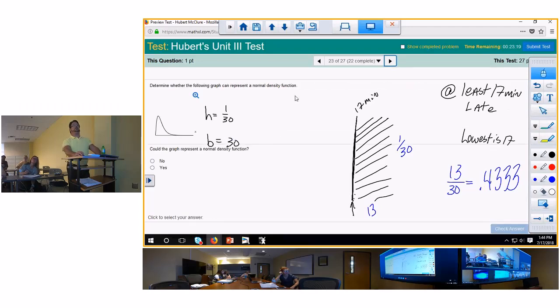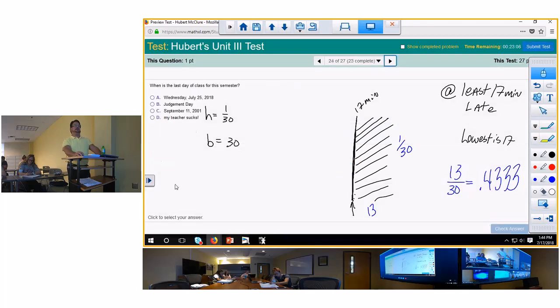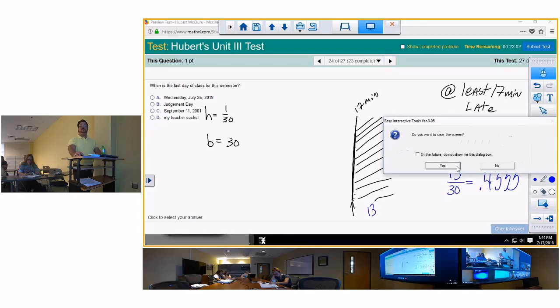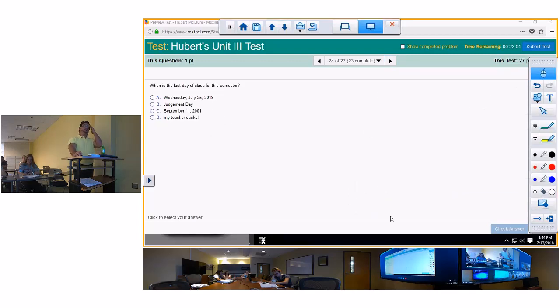Determine if the following graph can represent a normal density function. No. I need to make this test more challenging. I need to put some more questions in this test. Oh, offensive question. Everybody offended. When is the last day of class for this semester? Judgment Day.